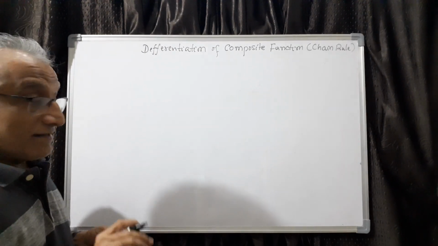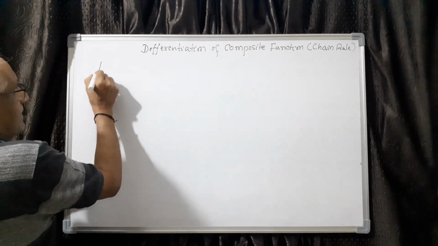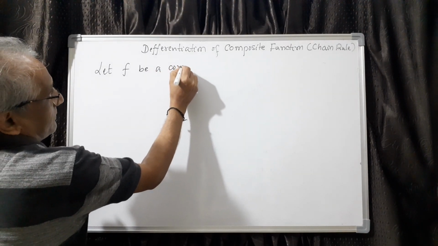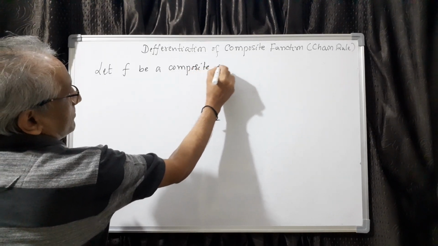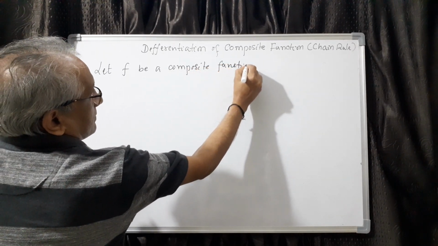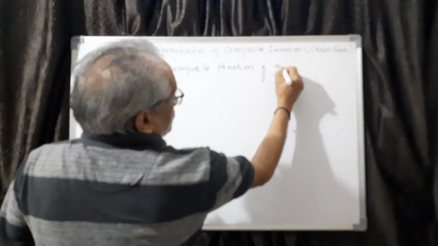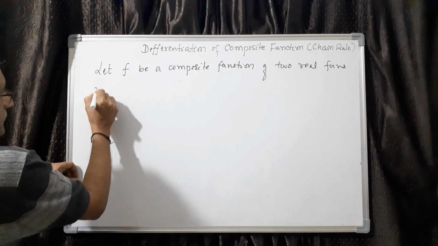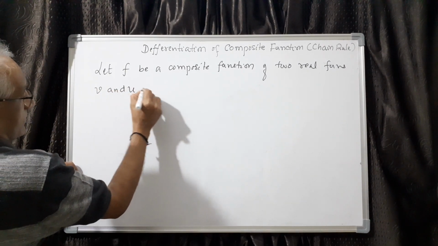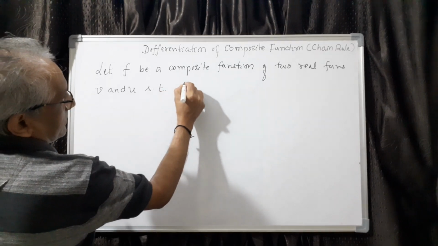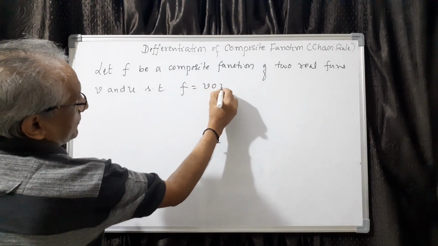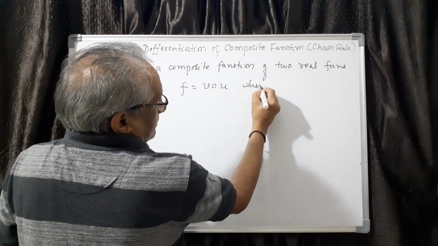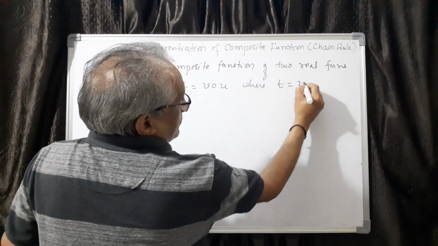So the chain rule is this one. Statement is this: let f be a composite function of two real functions v and u, such that f equal to v of u, where t equal to u of x.